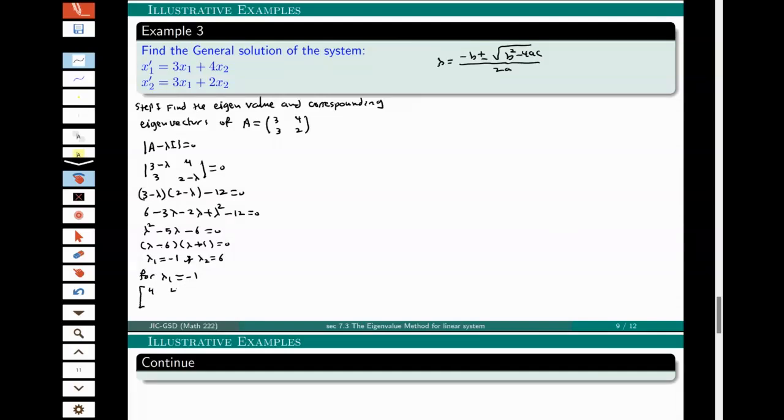Replace minus 1, you get 4, 4, 3, and 2 minus of minus 1, again 3. And you can see these are actually the same rows. So if I divide row 1 by 4, I'll get 1, 1, 0. That's a 3, 3, 0, and I can use the leading 1, 1, 0. I will say minus 3 row 1 plus row 2. So I'll get 0, 0, 0.